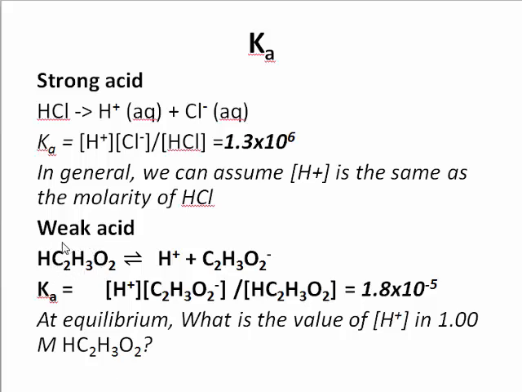Alright, let's consider a weak acid. We know that acetic acid is a weak acid. It dissociates into H+ and the acetate ion. Now, your general chemistry 1 knowledge tells you that the equilibrium in this case favors the left-hand side.